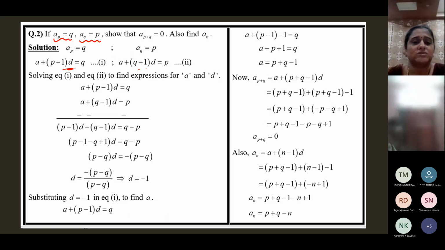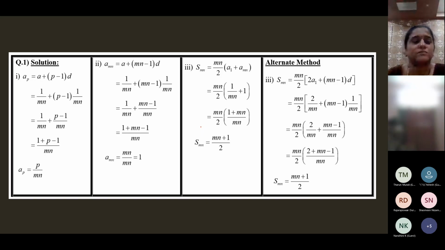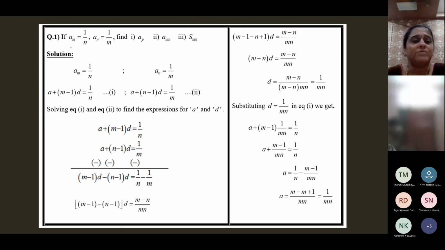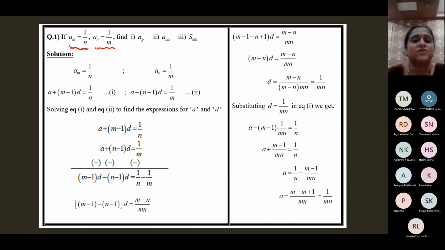We get two equations, and we'll solve the two equations to find the expressions for a and d. See this one also: the mth term is 1 by n, the nth term is 1 by m. The mth term and nth term are given, so we get two equations. We'll solve the two equations and find the expressions for a and d.